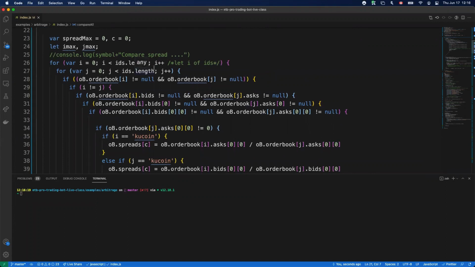This code looks very complicated, but it is not. It's basically looping through all the arbitrage symbols, and it is also looping through all the exchanges. It is looping through the order book per arbitrage symbol per exchange, right?